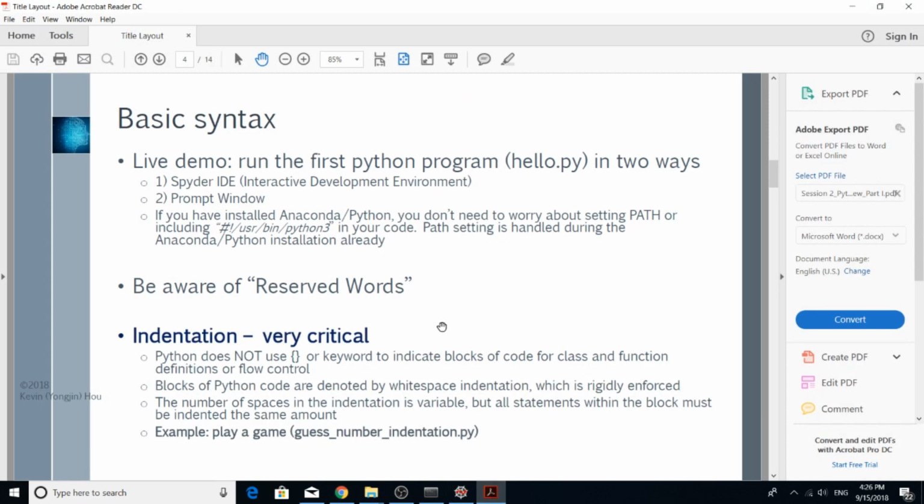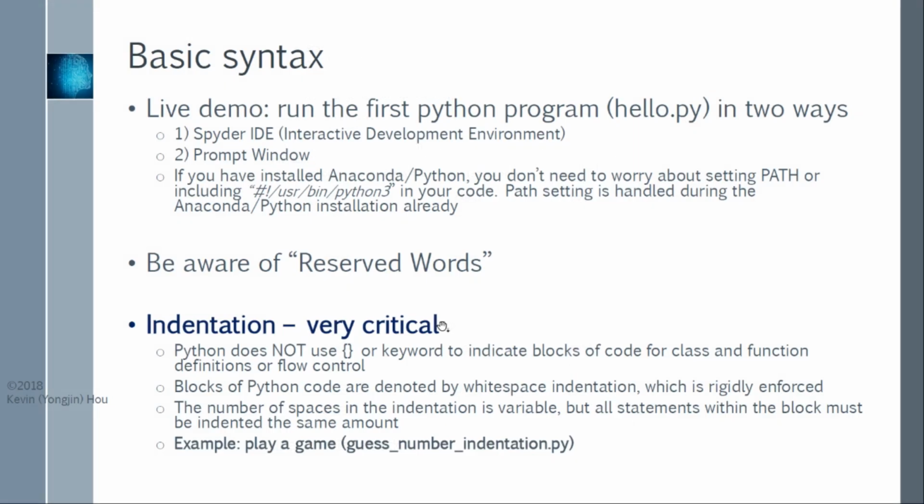So lastly, indentation on this page. Indentation is very critical to Python programs because Python uses the level of indentation to indicate whether certain lines of code are in the same block. The basic rule is that all the lines of code in the same block must have the same white space indentation.